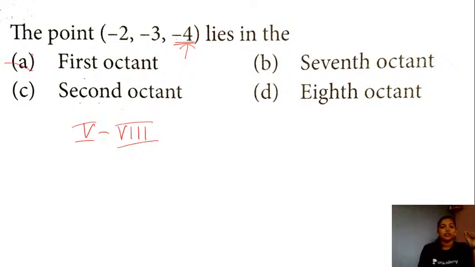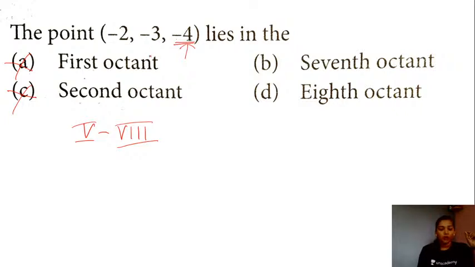So option A and option C are not the right answers. Let's check if it is option B or D. Now look at the points -2 and -3. Quickly go to the signs that you have in the quadrants. Negative and negative would lie in the 3rd quadrant.